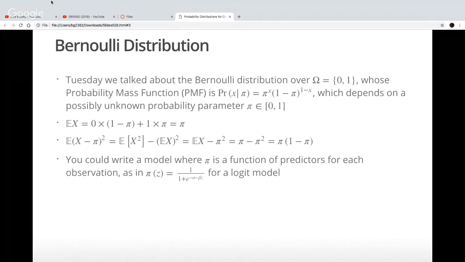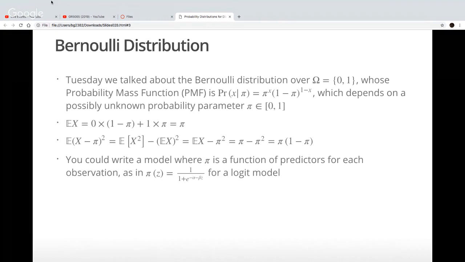Also, we can easily get the variance of a Bernoulli random variable, remembering that we showed on Tuesday that the variance can be expressed as the expectation of the square minus the square of the expectation. And in this particular case, where the sample space only consists of 0 and 1, the square of that is just equal to x.